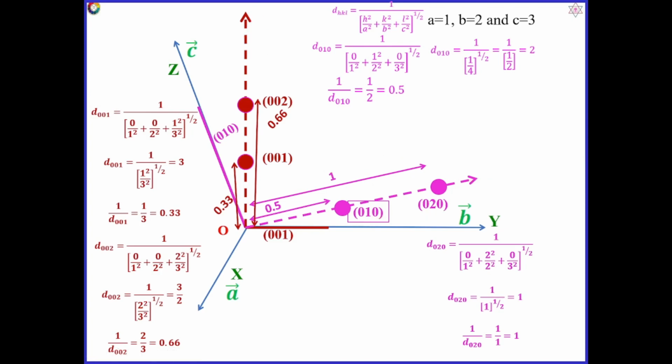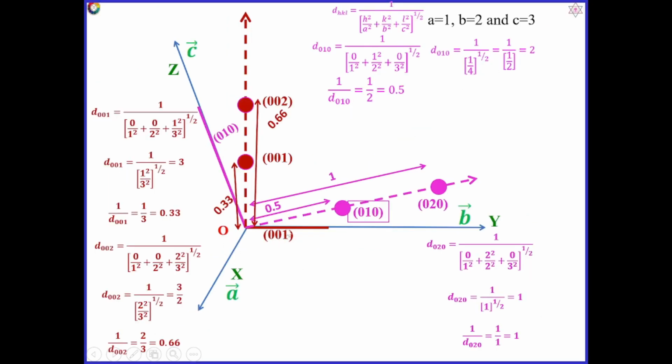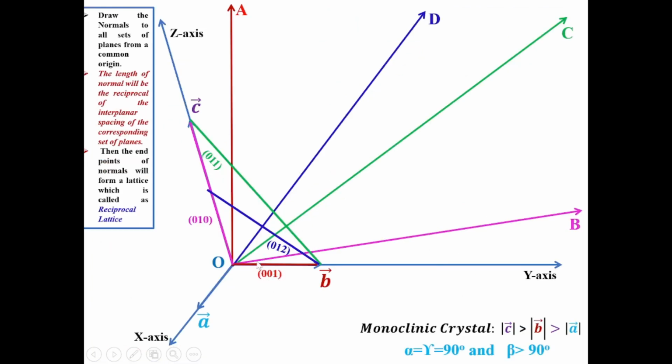Now we are going to draw these lattice points in our main figure. This one is your main figure, right? So here for the 001 plane, the corresponding reciprocal lattice point will be here. For 002 it will be here like this. So 001, 002, 003 lattice points will be located on this normal.